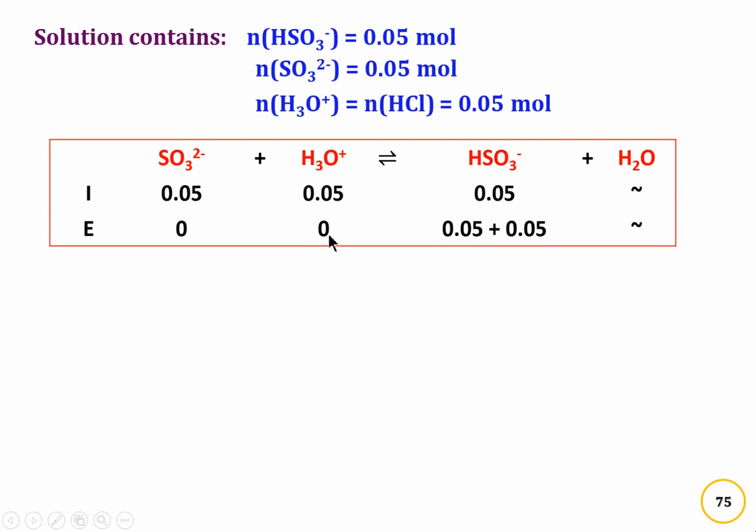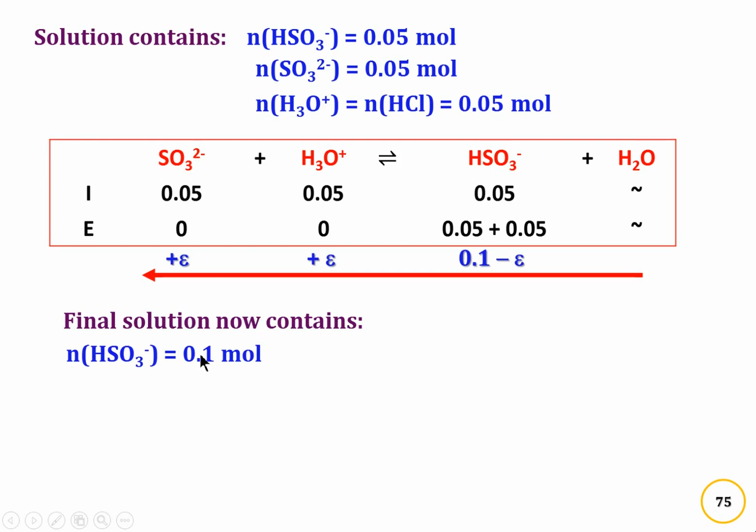If they ask to calculate the concentration of SO3²⁻ or H3O⁺ remaining, we have to study the reaction in the inverse direction and calculate epsilon, and this is not the case of the exercise.